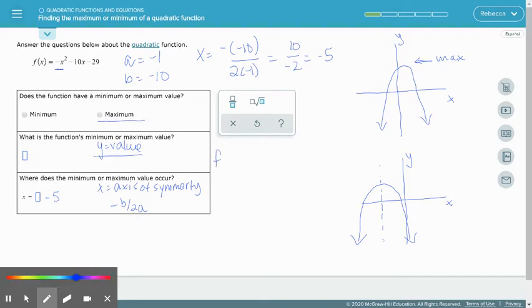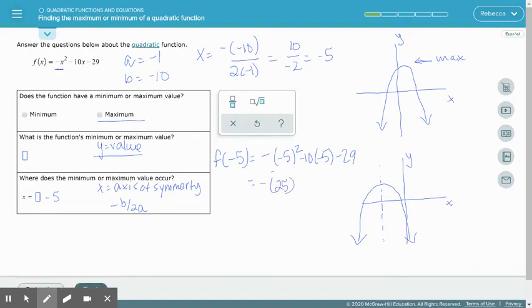So I'm going to take our function, f, and plug in negative 5. And so we want the opposite of negative 5 squared minus 10 times negative 5 minus 29. So now the opposite of 25, again, remember negative 5 squared is negative 5 times negative 5. So that gives us positive 25. And then negative 10 times negative 5 is 50.